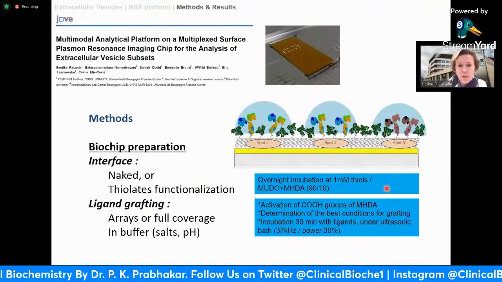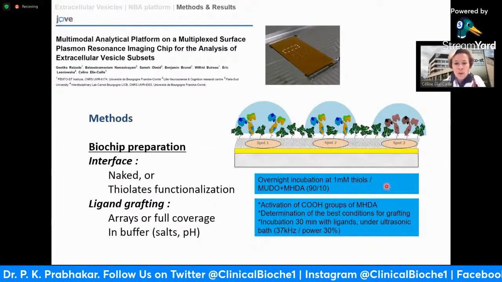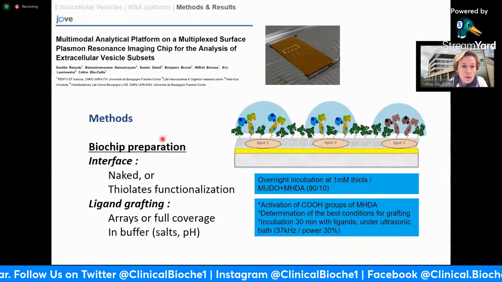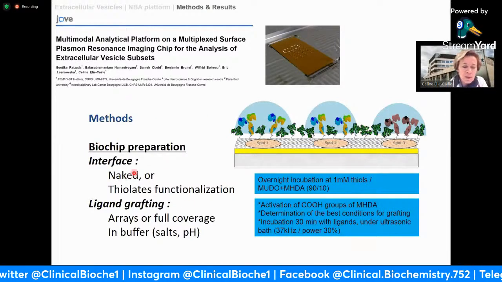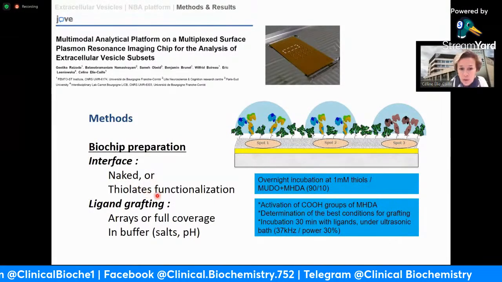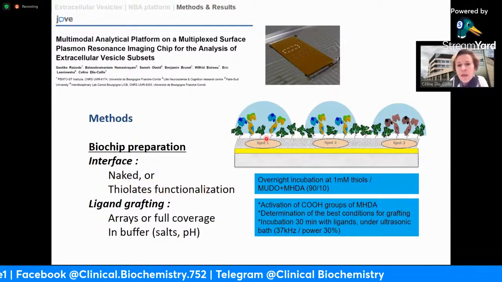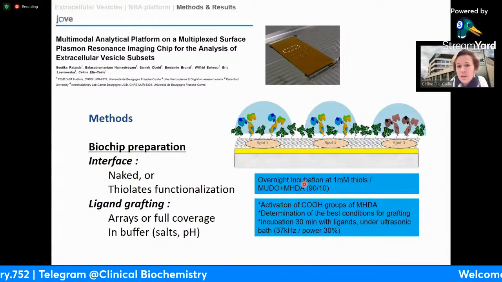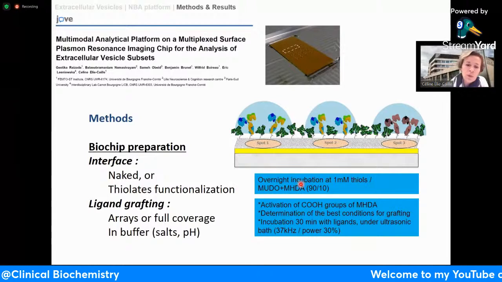And then on this gold chip, we can envision different characterizations. So in the paper, what we propose as a method is to use that biochip, either naked or functionalized with a mixture of thiolates and MHDA, which has a carboxylic acid group at the end.